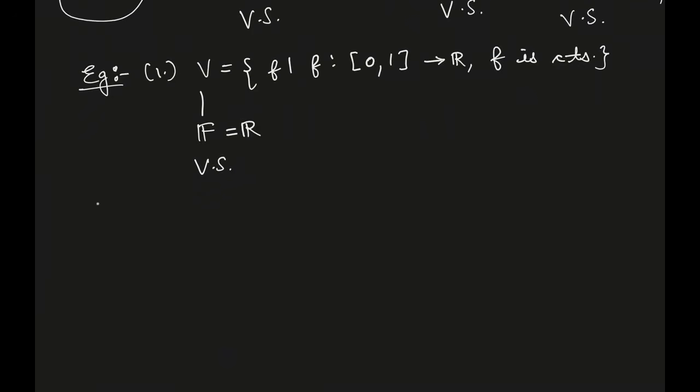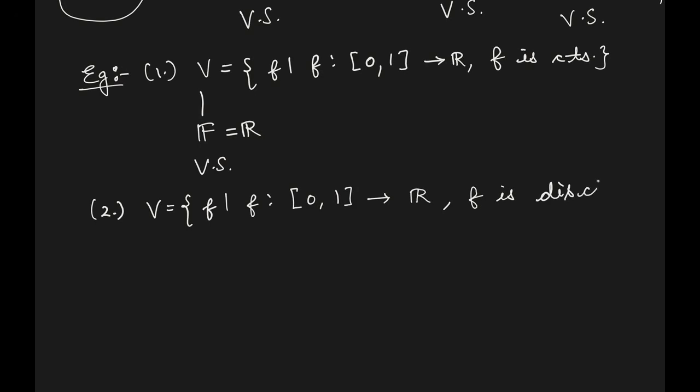Now second, V is equal to F such that F is a mapping from 0, 1 to real such that F is discontinuous. Whether it is a vector space or not.